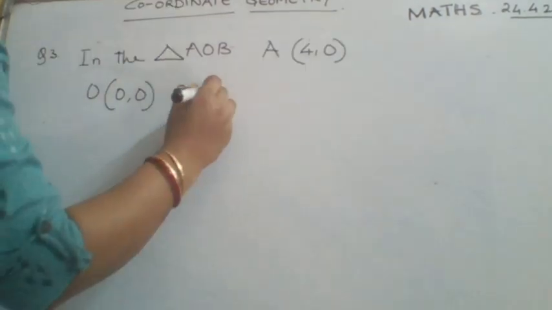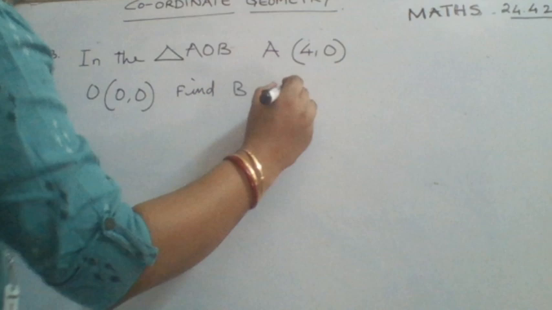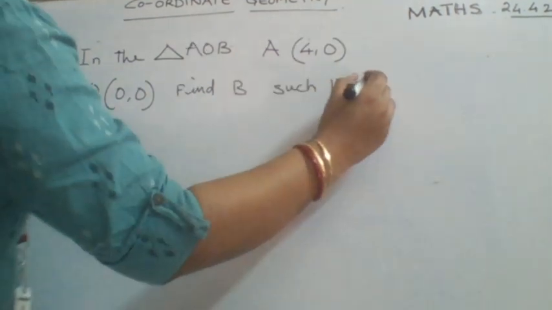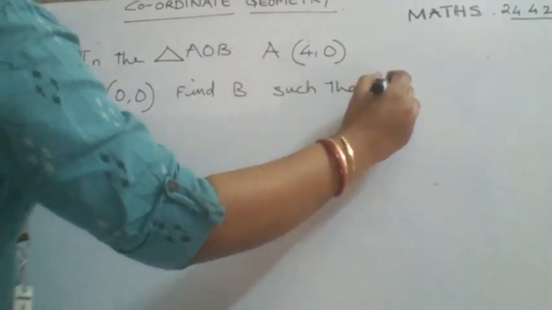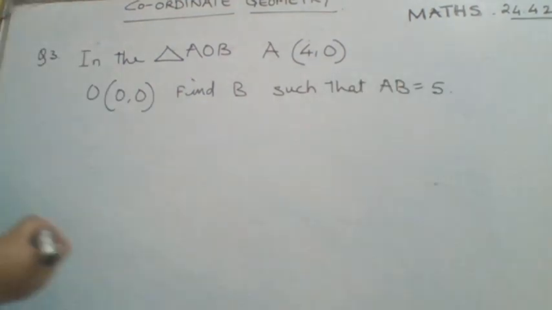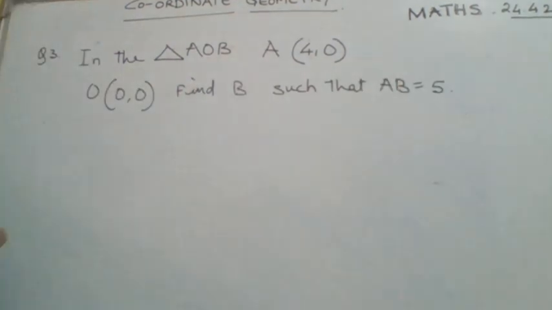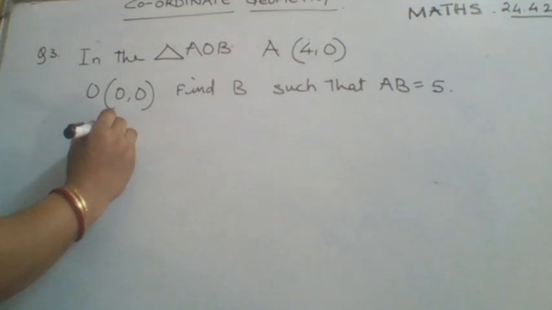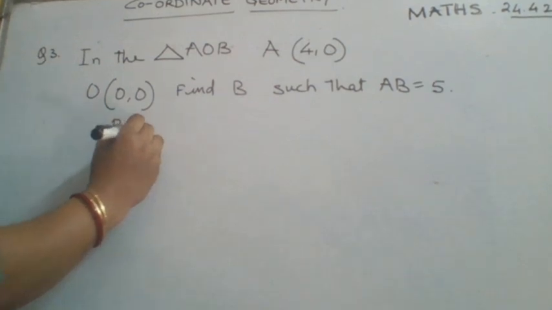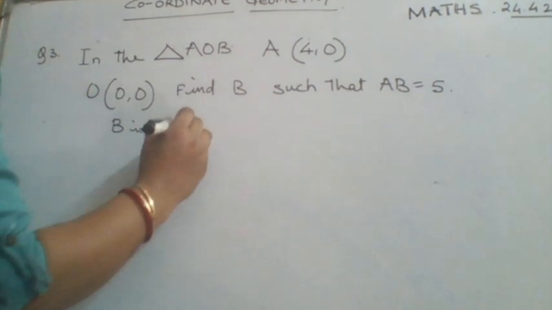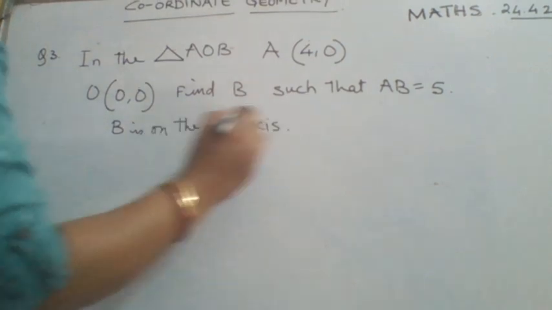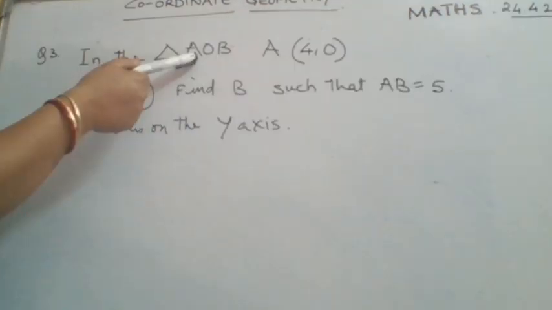Find B such that AB is equal to 5 units and B lies on the y-axis. So in the triangle AOB, the vertex A coordinate is 4, 0.